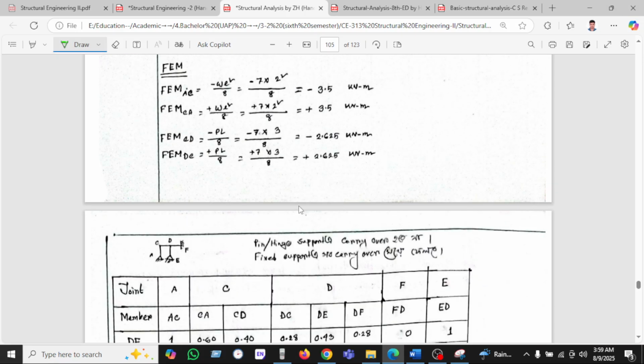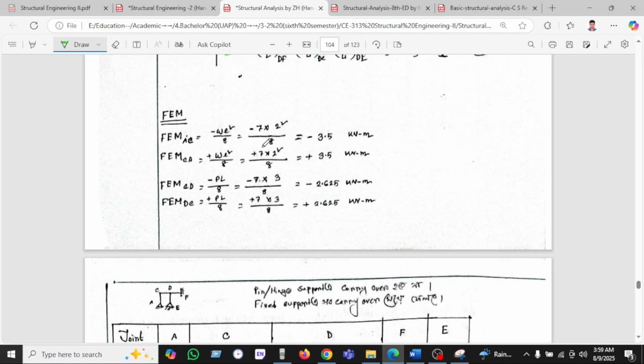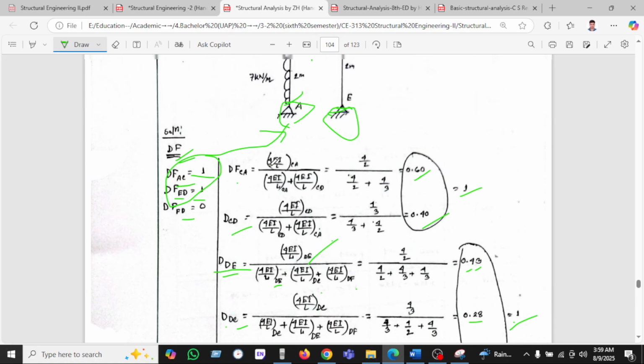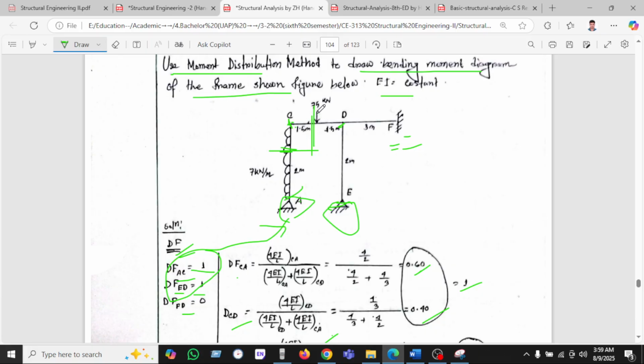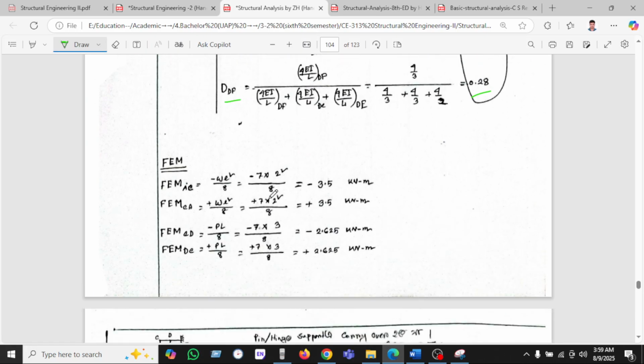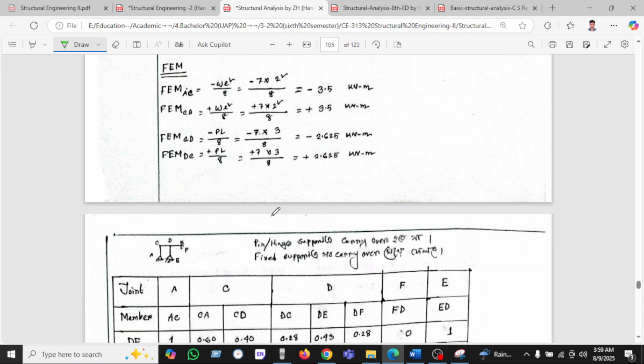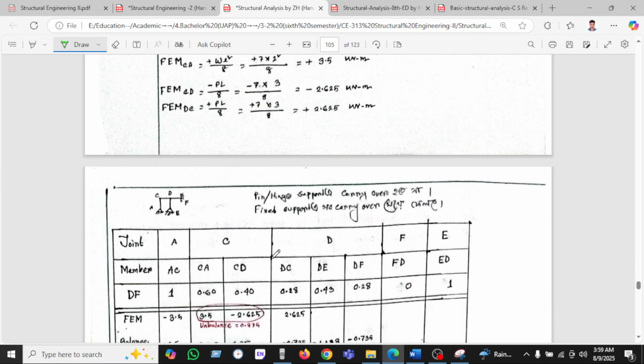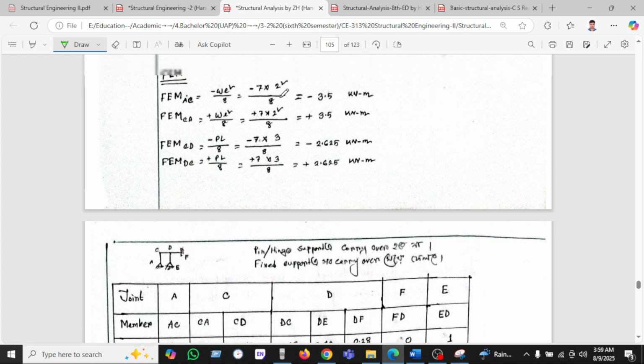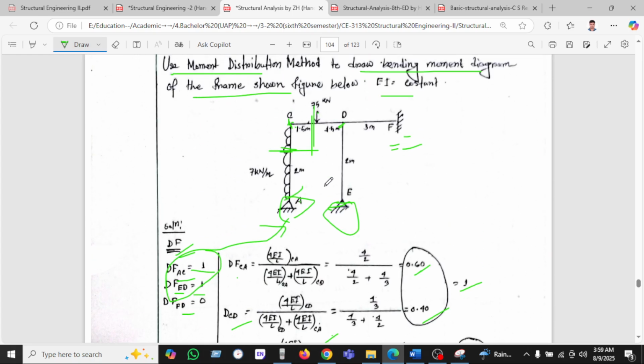Okay. Now go to the fixed end moments, WL squared by 8, as the point load is given, as we have shown with the 75, PL. Now we go to CA, and it will be WL squared by 12. There is some mistake, I think.